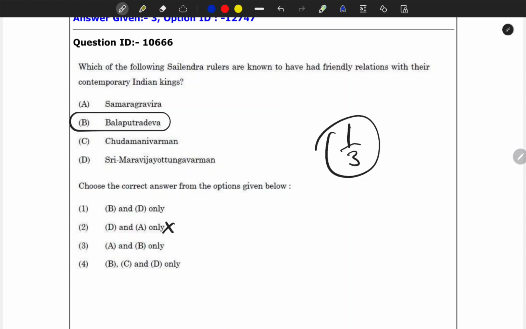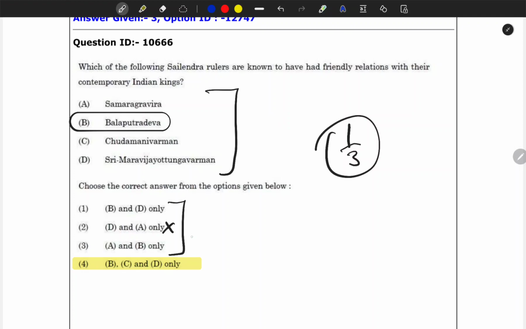This is for me 33.33 marks, or one-third. Any of these three will be correct, but the correct option for this question is the 4th, B, C and D. Again, as I told you, in these kinds of statements where they are asking very little known facts, either you go with all 4, or you go with any of these 3.